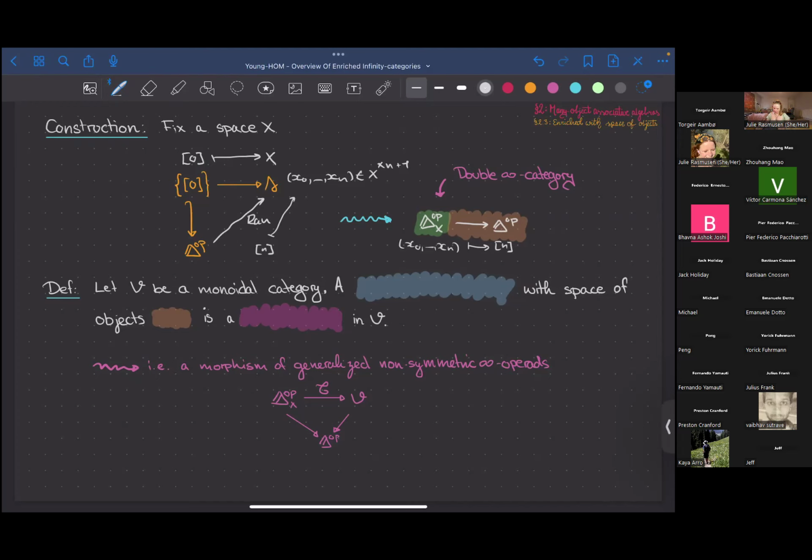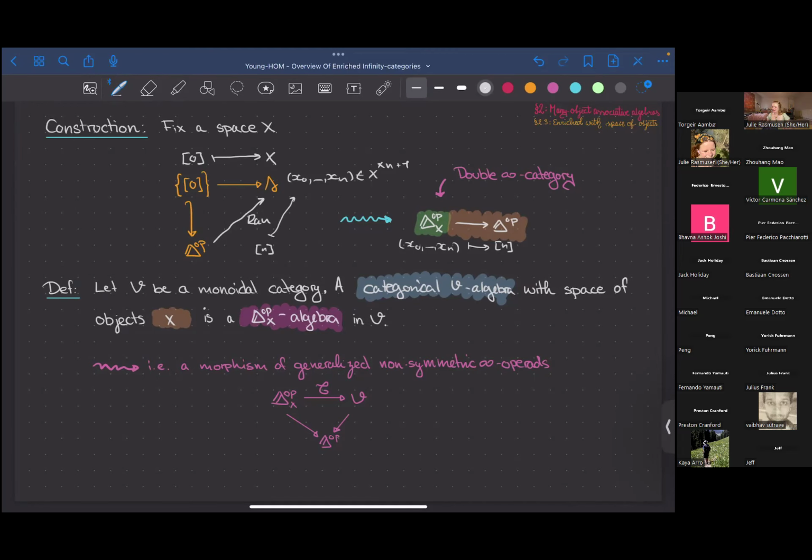And then if we have a monoidal category V, that is a non-symmetric infinity operad that is also co-Cartesian, we define a categorical V-algebra with space of objects X to be a delta up X algebra in V. I will come back to why it has this name later.